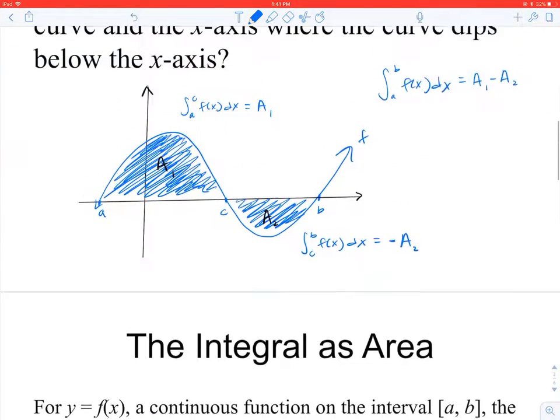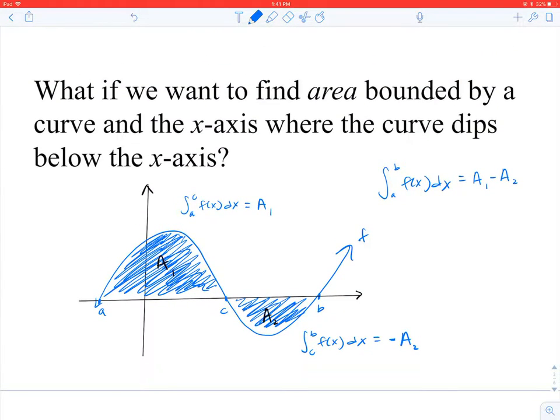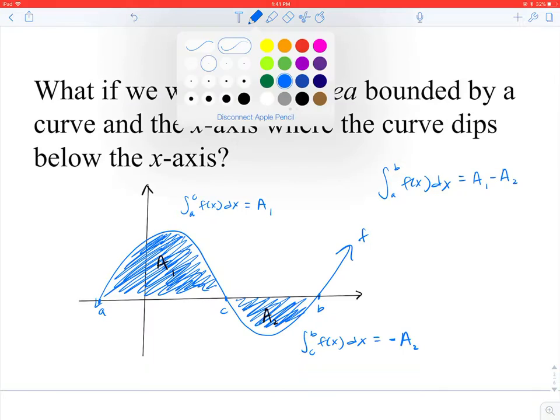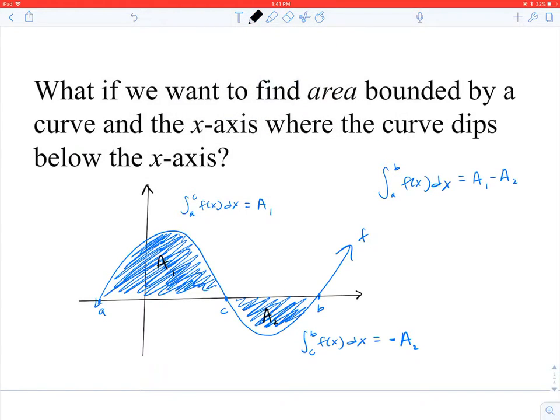So our goal in this section is going to be to find the total area bounded between the function and the x-axis. So to find the total area for this particular function, the total area would be area 1 plus area 2.